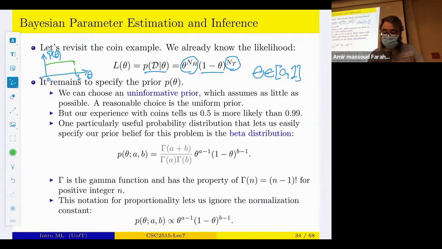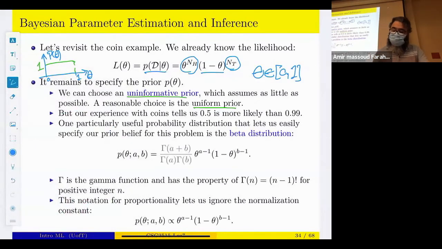This is called an uninformative prior, which assumes as little as possible about the distribution. If we have this kind of assumption, we don't want to be informative, then a reasonable choice would be a uniform prior, where the density is 1 for the values between 0 and 1, and of course outside it would be 0.